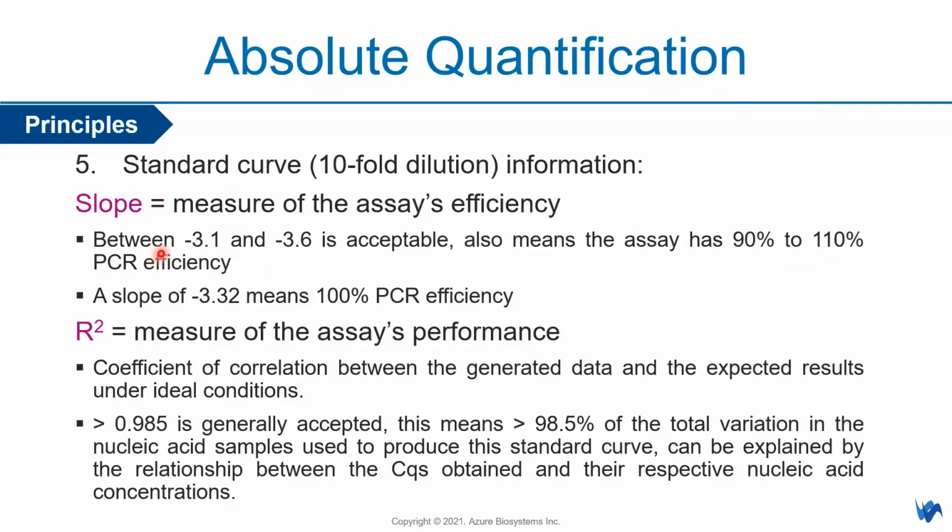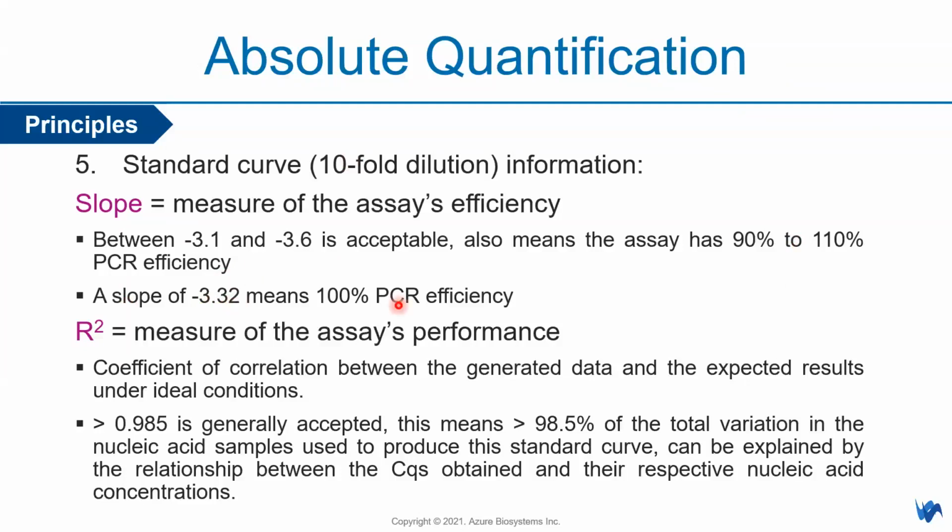In the tenfold dilution standard curve, anything between minus 3.1 and minus 3.6 is acceptable. This also means that this qPCR assay has 90 to 110% PCR efficiency. And for a tenfold dilution series standard curve, a slope of negative 3.32 means you have 100% PCR efficiency. So what does it mean?